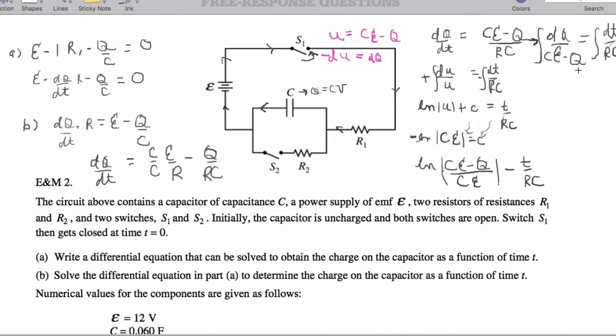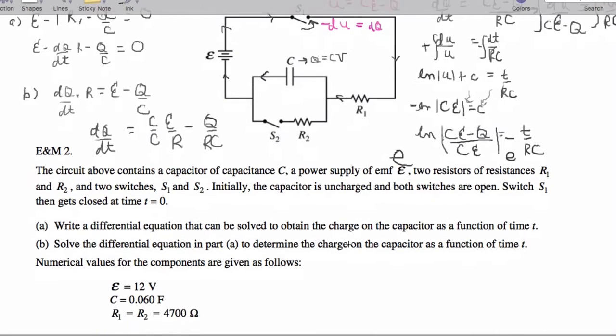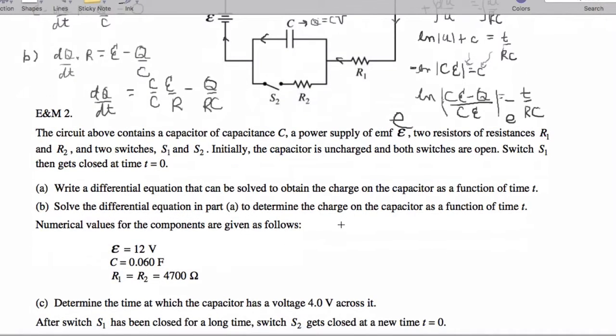As we continue on, we'll take e to the both sides, and I'm going to skip a little bit of algebra here, just to let you know that when we solve for Q as a function of time, the answer for B is going to equal C times the EMF times 1 minus e to the negative t over RC.